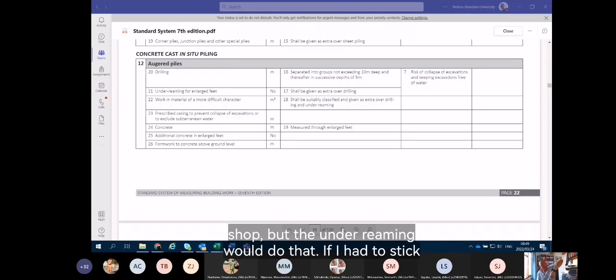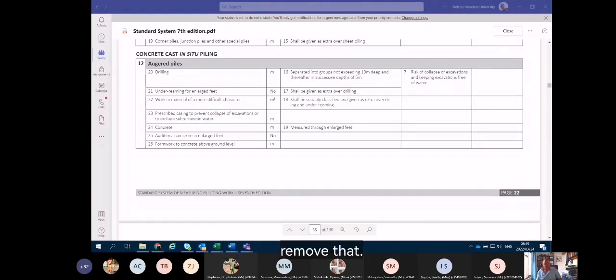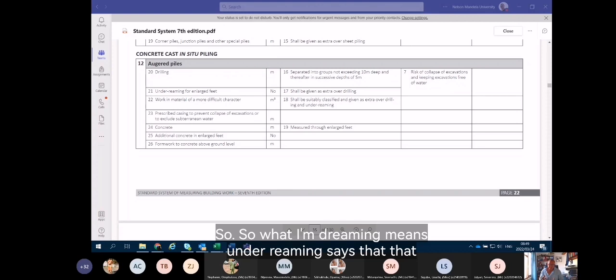But the under-reaming would do that. If I stuck my hand in a hole and closed it, I would not be able to remove it. So when we measure for under-reaming, it actually does that at the bottom in order to create almost like a claw. Those of us that know a knobkerrie, it has a knob at the bottom with a shaft going up. This would then prevent that pile from being extracted or pulled out because of the under-ream section at the bottom.